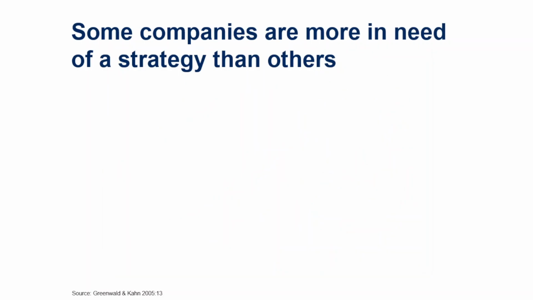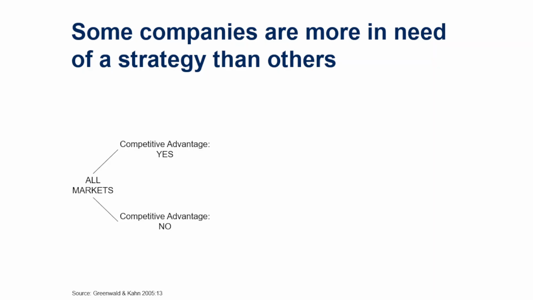Finally, we have to ask ourselves, are there companies that are more in need of a strategy than others? And Greenwald and Kahn, in their 2005 book, Demystifying Competition, answer this question. And they start out with all markets and ask the first question: do you have a competitive advantage? Are there competitive advantages in the market?